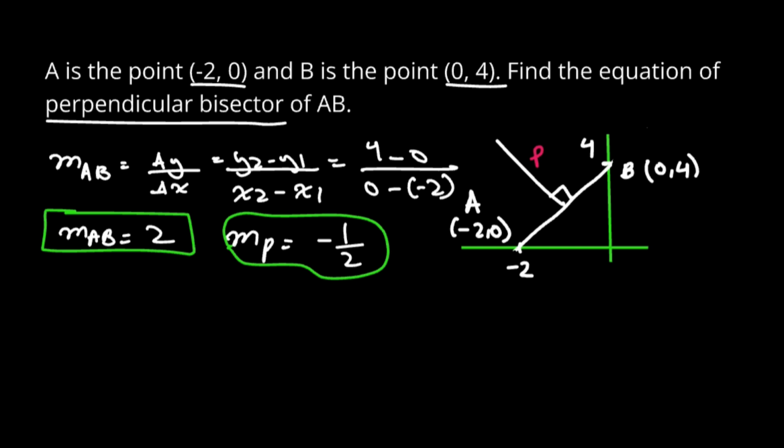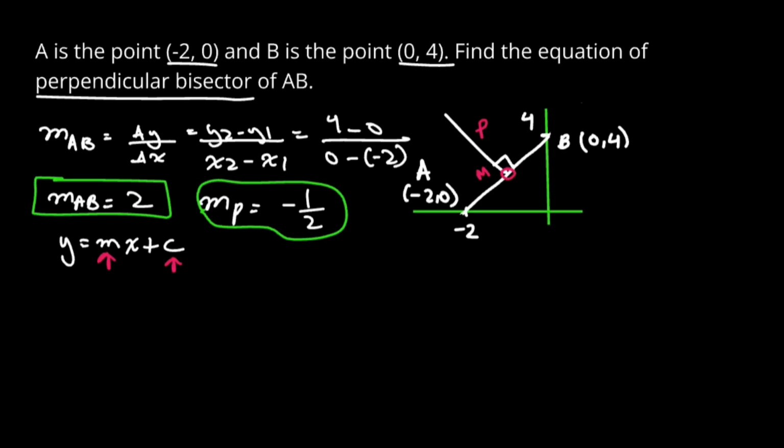Now the equation of perpendicular bisector P becomes y equals mx plus c, where m equals negative 1 over 2. Now we need to find out the y-intercept for this perpendicular bisector. In order to find the y-intercept, we need to find this midpoint M and then substitute the coordinates of the midpoint for x and y to find the y-intercept c.